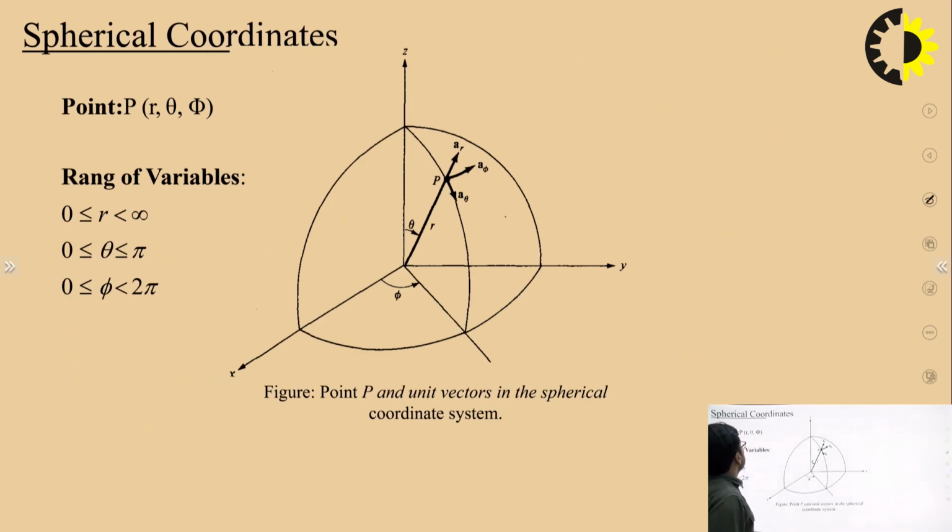The next coordinate system is the spherical coordinate system. You can see this is a point P, and this is a unit vector representation of the point in the spherical coordinate system.